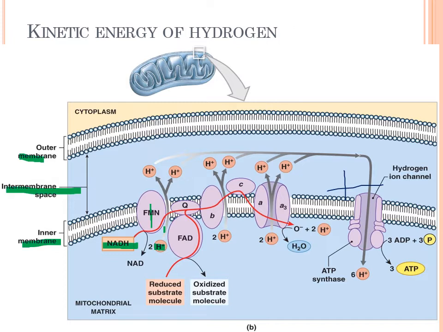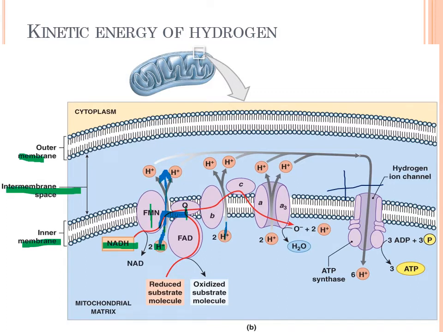Then the FAD is going to give its electron to the second protein, and it's going to dump its hydrogen into the matrix. So now we have hydrogen inside and nothing outside. So the transfer of electrons from one protein to the next protein generates enough energy to force this hydrogen out into the intermembrane space.